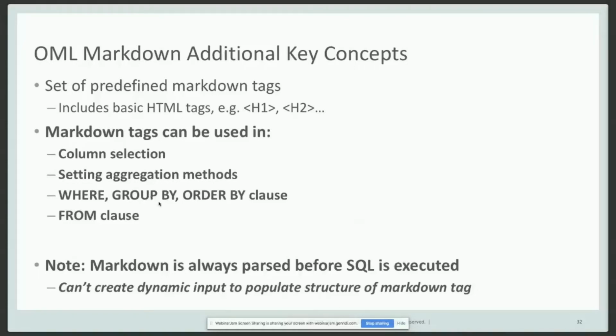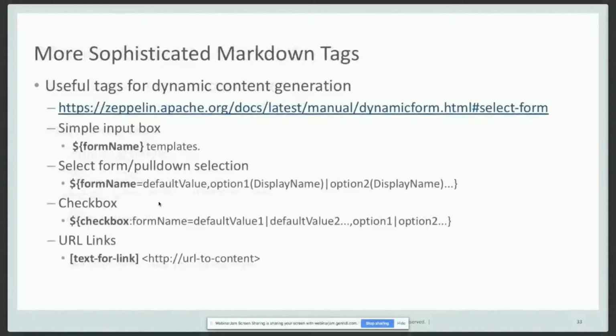It's very, very simple. There are various ways that you can do it. You can have things like checkboxes, you can have forms, you can have pull downs. There's a whole series of dynamic selection processes that you can build, and they're fairly easy to understand.